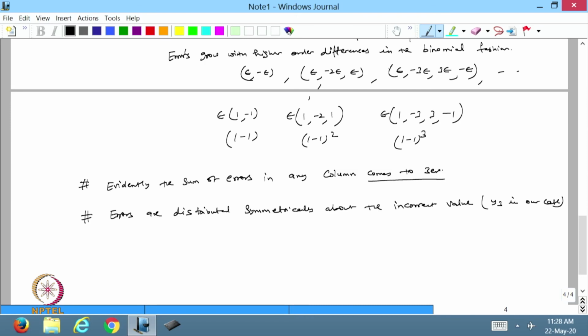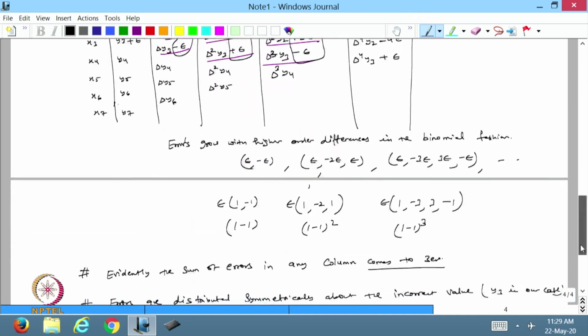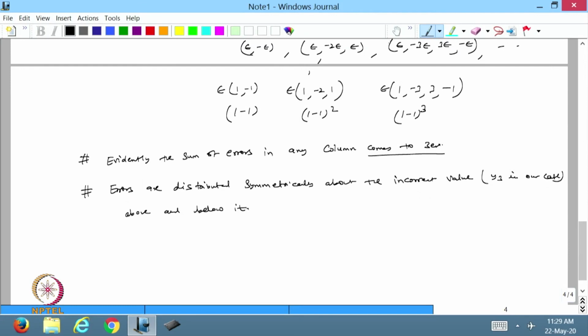So, errors are distributed symmetrically about the incorrect value, above and below it. So, from here also we can see that the errors are distributed one above, one below, then one more above, one more below. So, it is distributed symmetrically, above and then below. So, that is also one of the characteristics of the errors in the finite difference table.